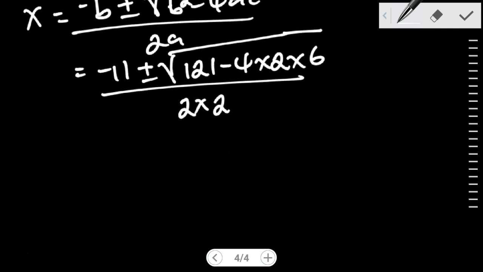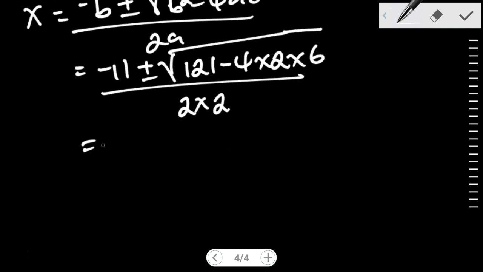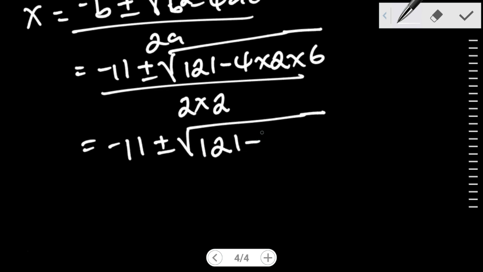Therefore I'm going to have negative 11 plus or minus root of 121 minus 4 times 2, which is 8, and 8 times 6 would be 48, and all over 4 in this case.